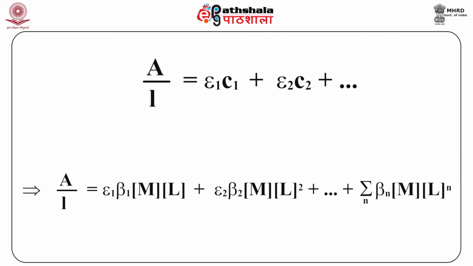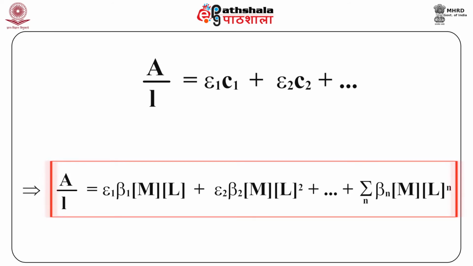Mathematically, A upon L is equal to epsilon 1 C1 plus epsilon 2 C2 and so on. Putting the values in this equation, we arrive at A upon L equal to epsilon 1 beta 1 metal M concentration, ligand L concentration, plus epsilon 2 beta 2 metal M concentration, L concentration raised to the power 2 and so on.